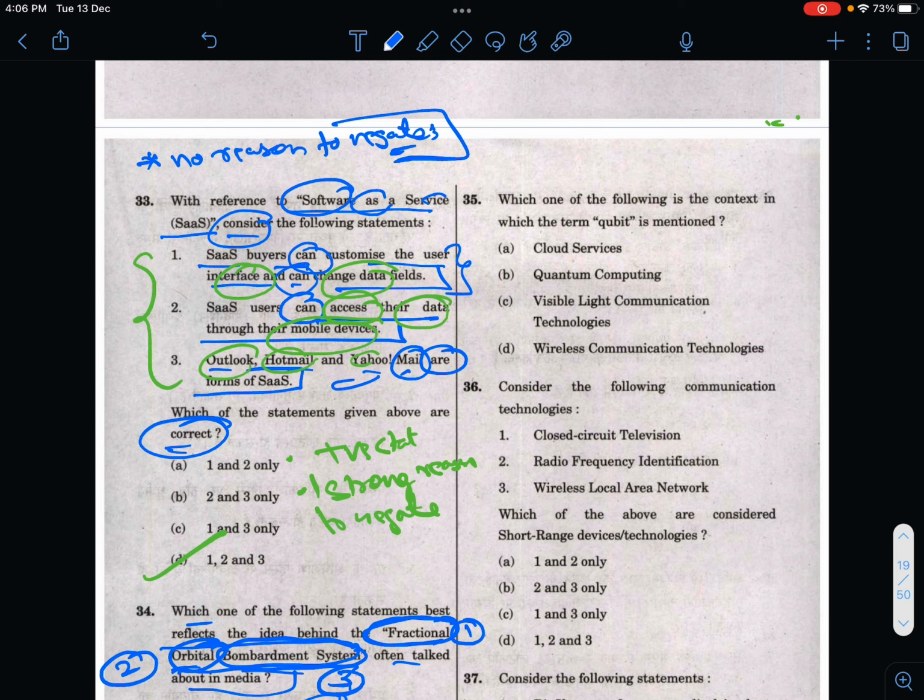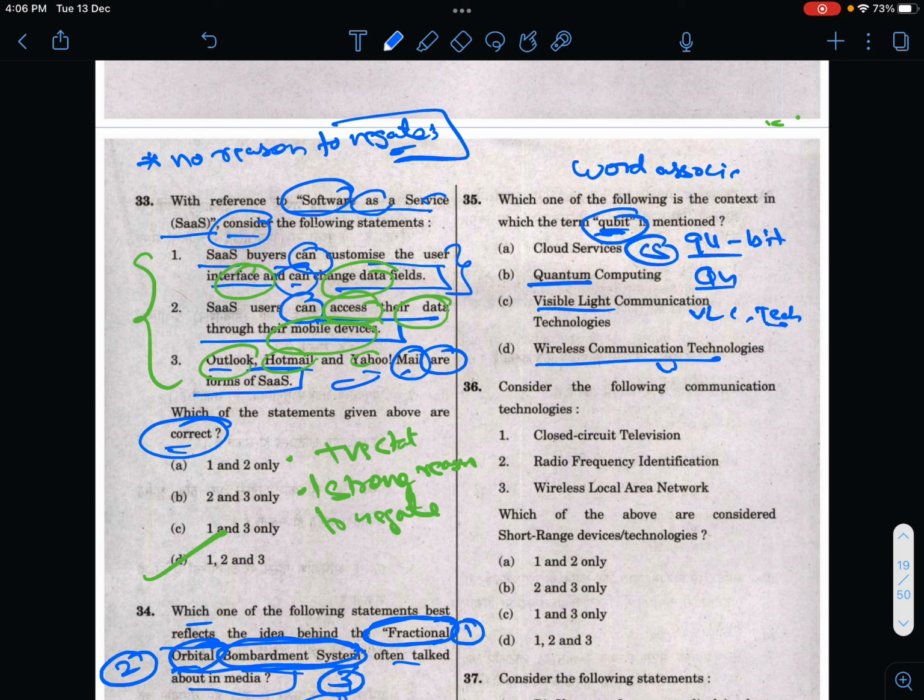Question number 35. This was a fairly simple question. People have heard of it, but even if you have not heard of it, you can again make that word association in this question too. It says qubit, and quantum, QU. The keyword doesn't say CS or CL. It is VLC tech, and again, I can't see VLC written anywhere.